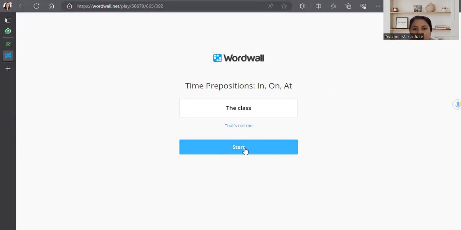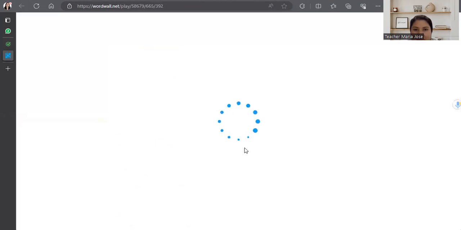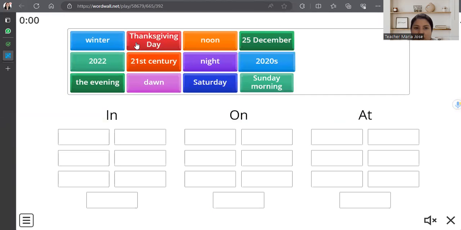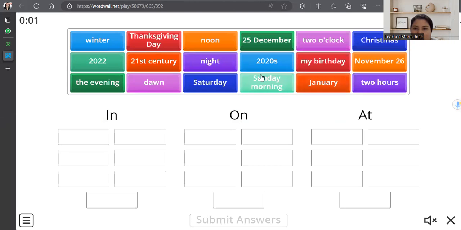Okay, before we do the other activity, you are going to do this one on your own, okay? So here you have different words, and what you have to do is identify if they go in, on, or at, okay? So read the information and select the best options. Remember that this activity is automatic, so you don't have to send me anything.